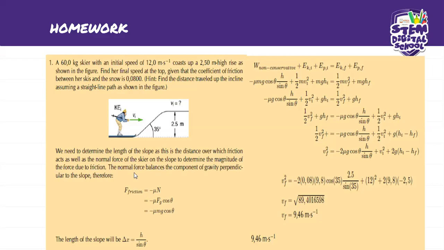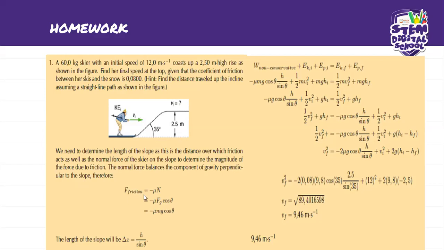So the normal force balances the component of gravity perpendicular to the slope. Friction is the one opposing the motion of the applied force.